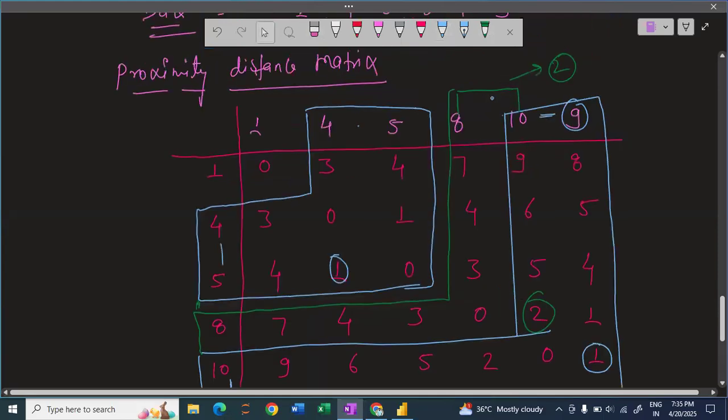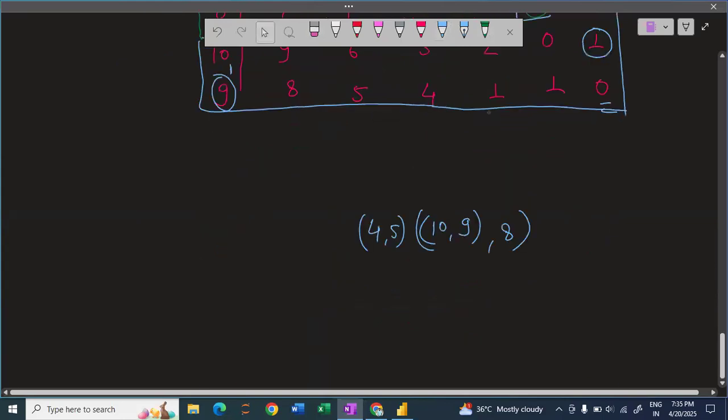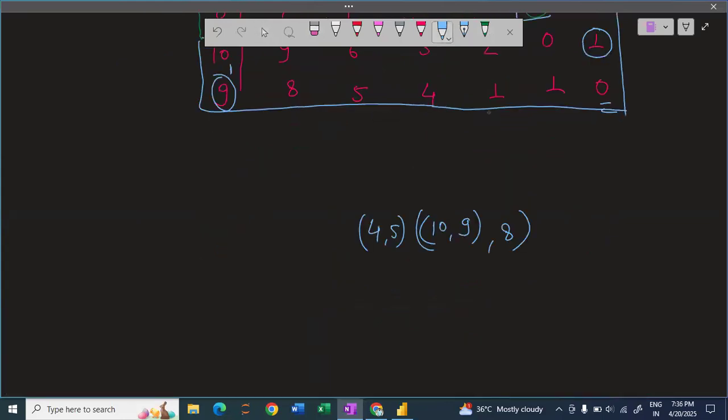Now it's time to compare with 8 and 5. Okay. So I will be writing this one thing. Just write like this: 4, comma 5, and comma 8.